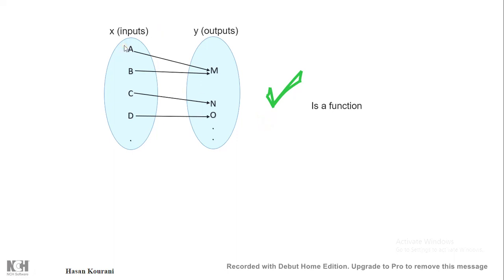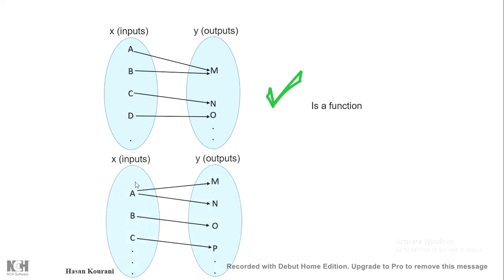since for each element in the initial set we have one and only one element in the final set. There is no problem if we have an element in the final set related to more than one element in the initial set, but the converse is not allowed. As you see here, in the initial set we have elements a, b, c, and the final set we have m, n, o, p.